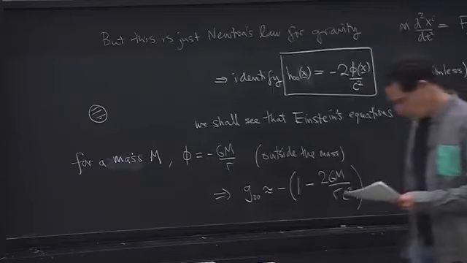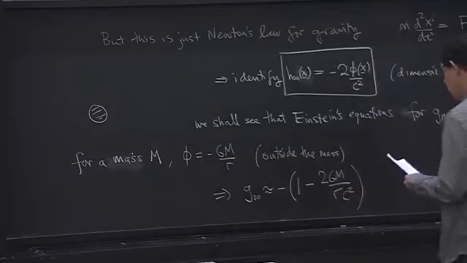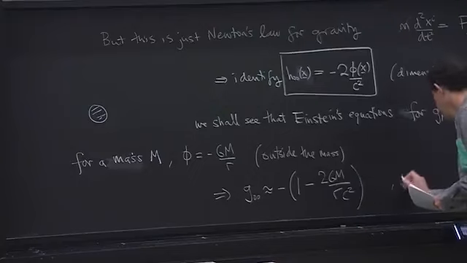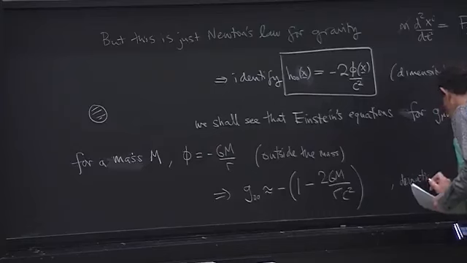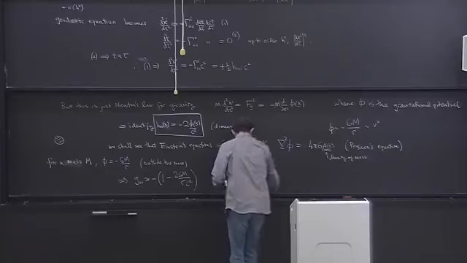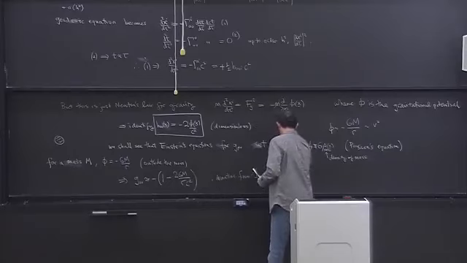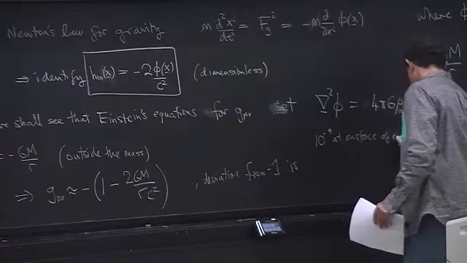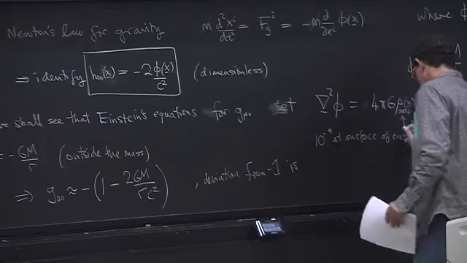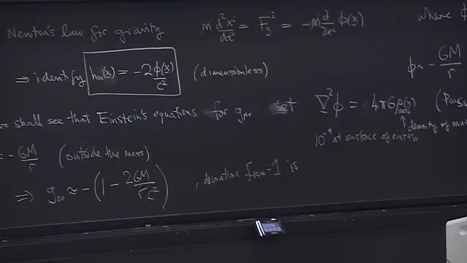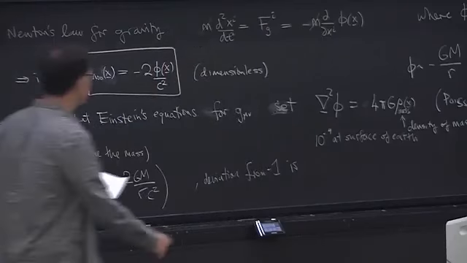Nevertheless, it's tempting just to extrapolate to when it's large. And the deviation from minus 1 is of the following magnitude: 10 to the minus 9 at the surface of the Earth. So the space-time metric we live in is 1 part in a billion away from being flat space.